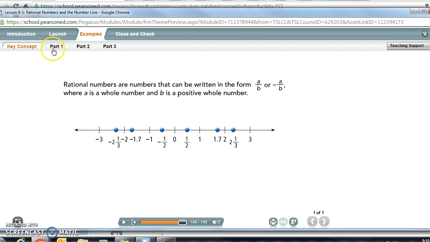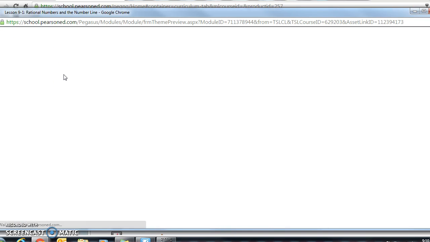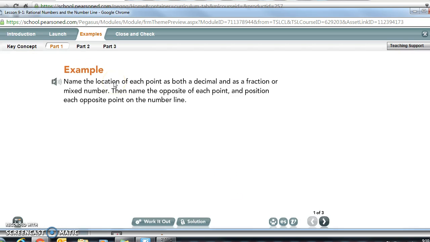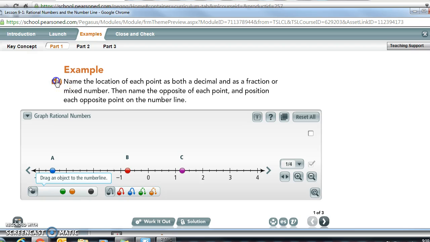Okay, let's go on to part 1. Name the location of each point as both a decimal and as a fraction or mixed number. Then name the opposite of each point and position each opposite point on the number line. So what I want you to write on your notes are the following steps.